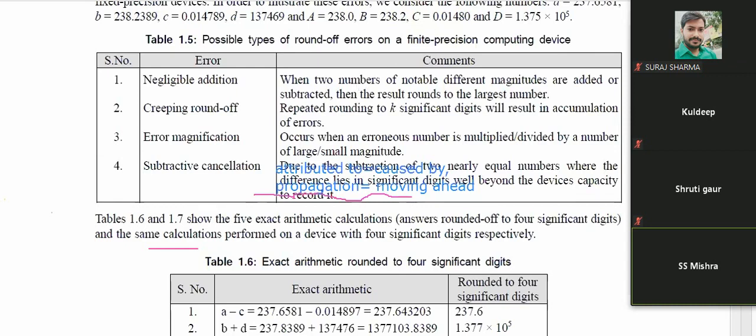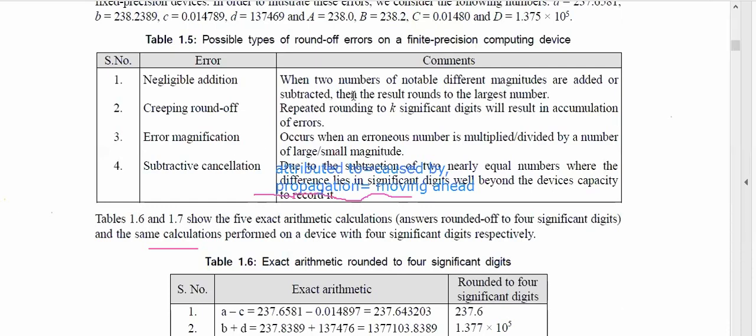The number which is largest, then the rounding takes place according to the largest number, not a smaller number.